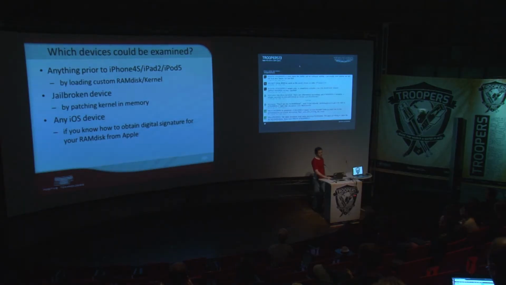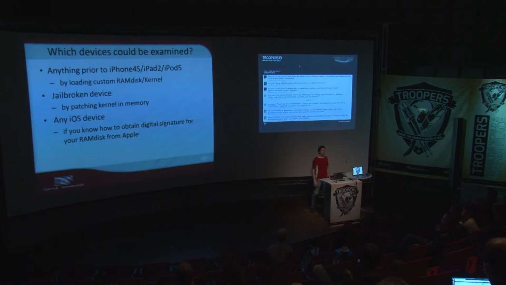So you could find samples of how to work with this service. And this technique allows people to get the content of flash from old A4 devices. These are old iPhones prior to iPhone 4, the first iPad, and the fourth generation of iPod.